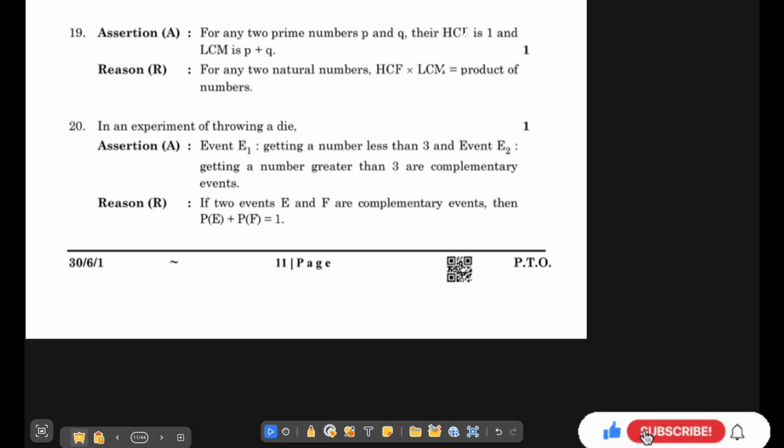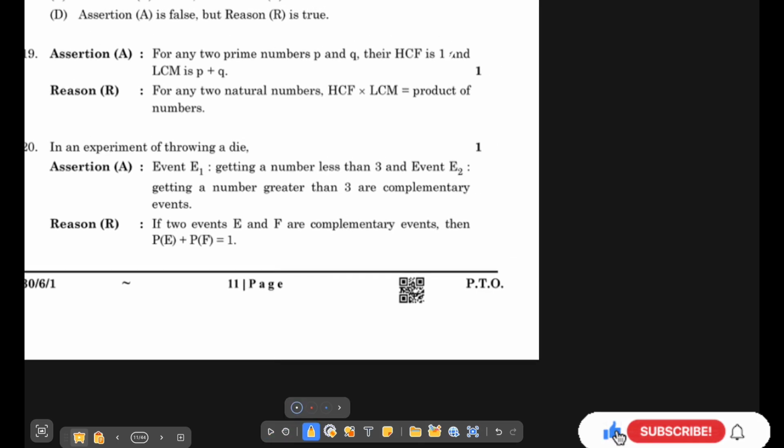Next, question number 20. What is question number 20 here? Event E1, getting a number less than 3, and event E2, getting a number greater than 3, are complementary events. In an experiment of throwing a die, what are the possible outcomes? 1 to 6, right? 1, 2, 3, 4, 5, 6.